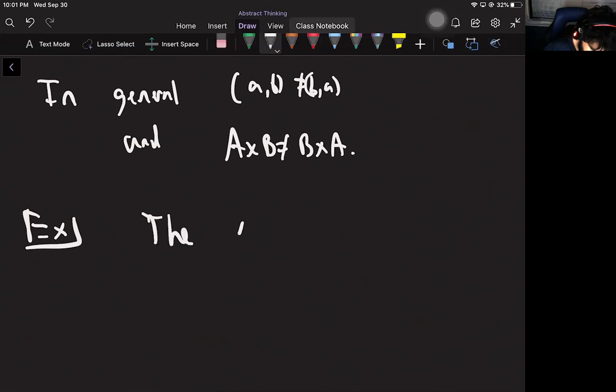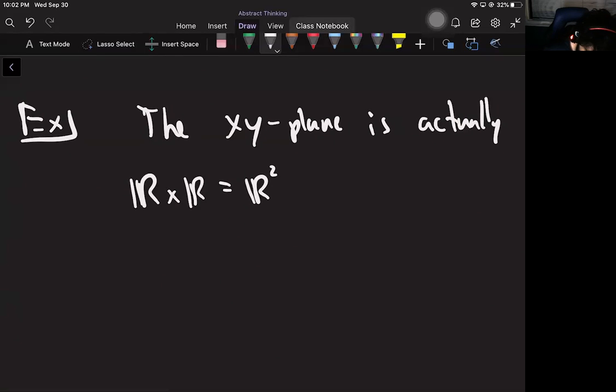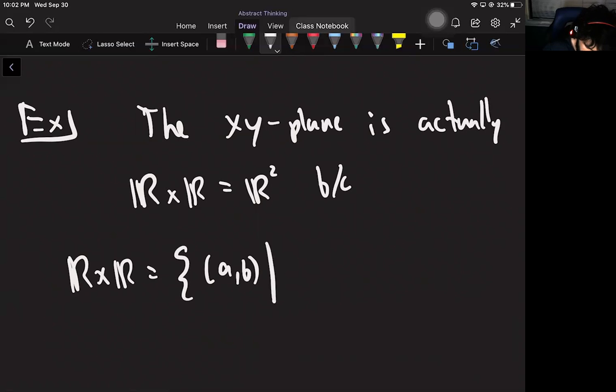The XY plane is a wonderful example. So it's actually a product of sets. It's R cross R, which of course we can call R2 now. So why is the XY plane R2, R cross R? Well, let's just write out what this is. R cross R is the set of ordered pairs where the first coordinate comes from a real number and the second coordinate is also a real number.